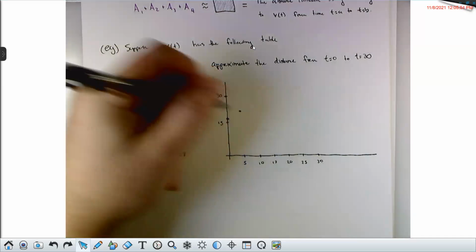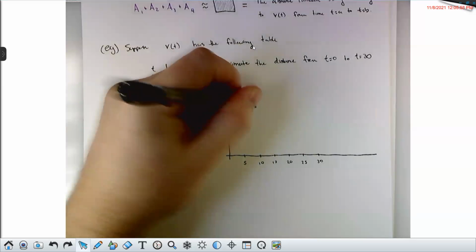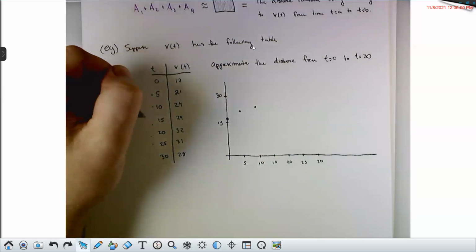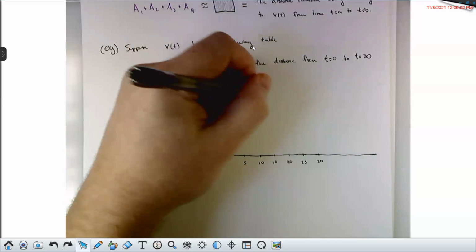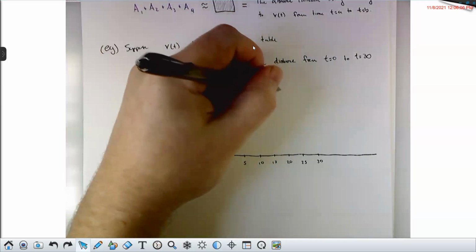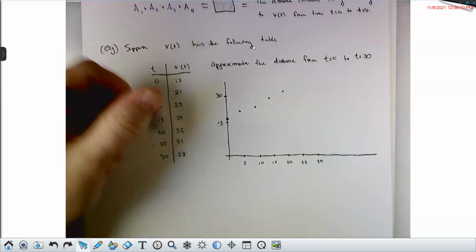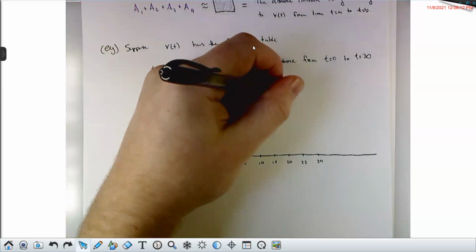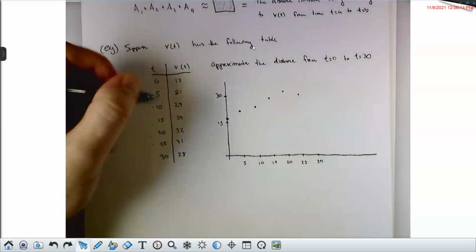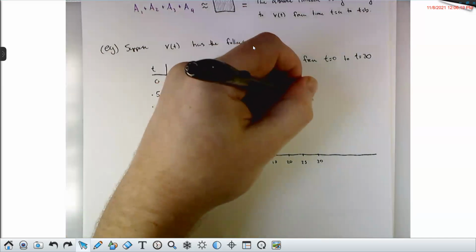Doesn't have to be perfect. 10, 24, a little higher. 15, 29, a little higher. 20, 32, still going faster. 25, 31, which slowed down a little bit. And then 30, 28, we're down a little further.